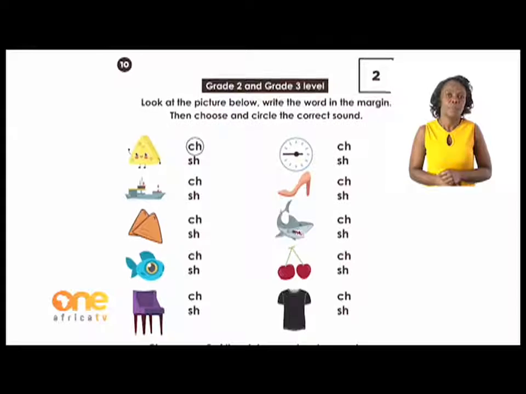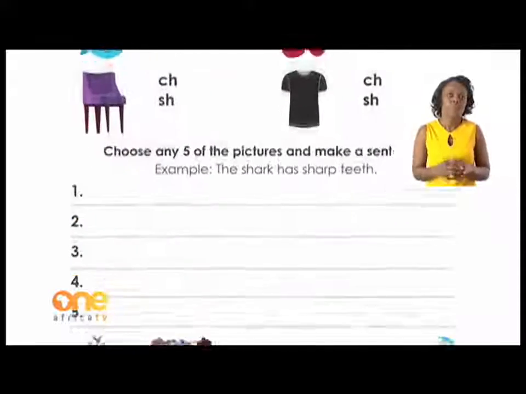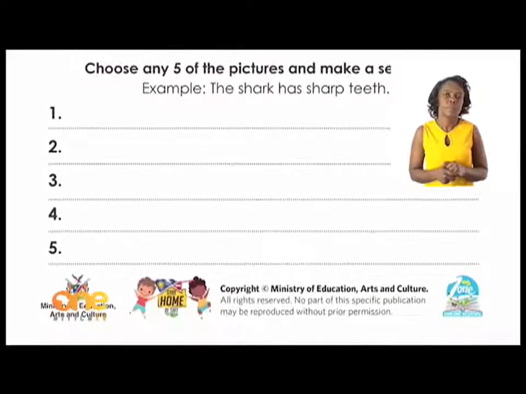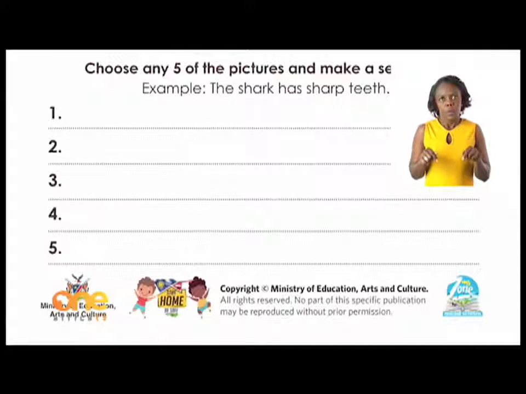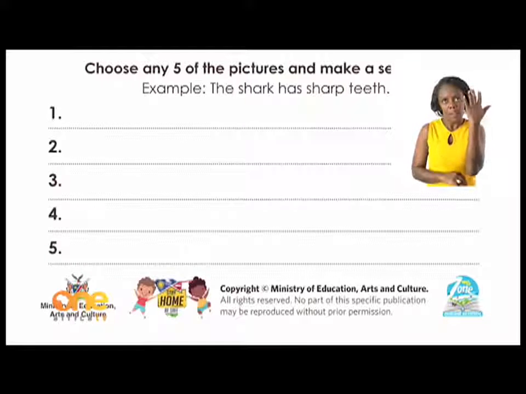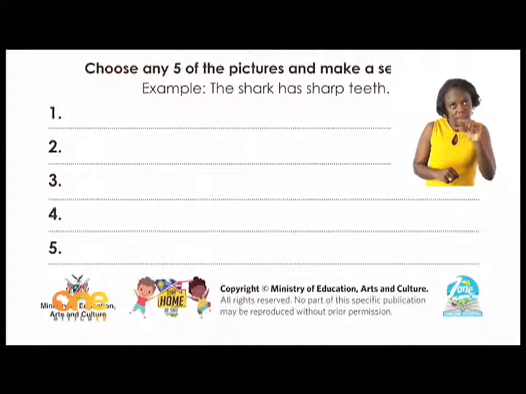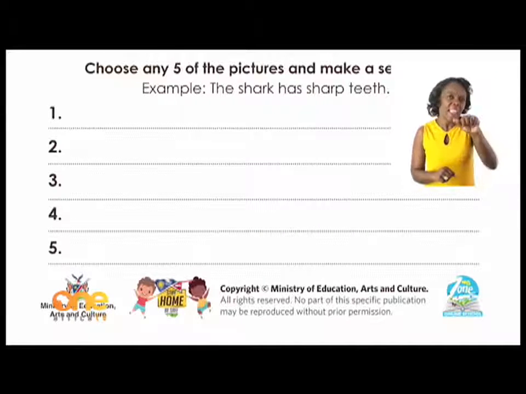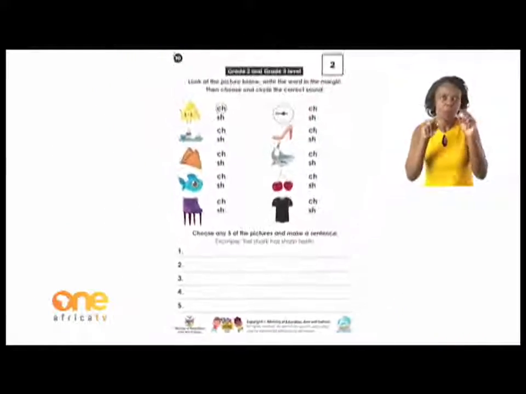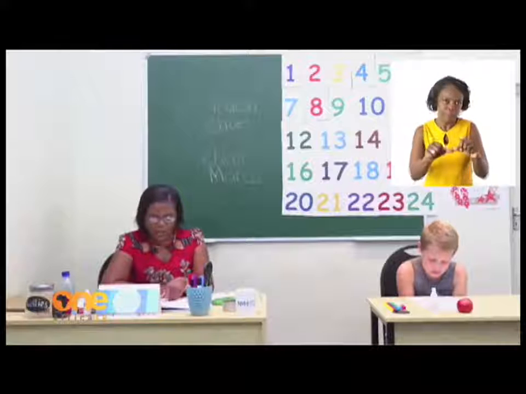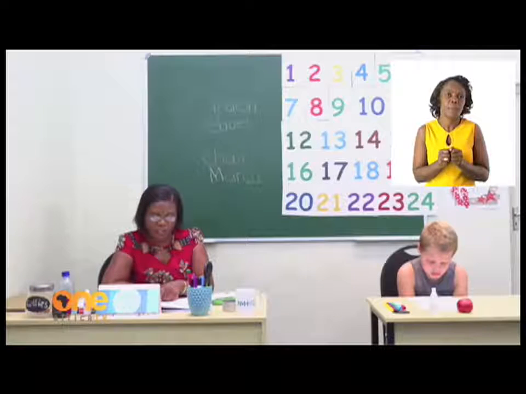Let's go down to the next exercise, just below. All right. Now you have to choose any 5 of the pictures. The given pictures which are on top there, you just have to choose 5 of them and come up with your own sentence. You make your own sentence with any of the words on the pictures. Choose 5. For example, the shark has sharp teeth.